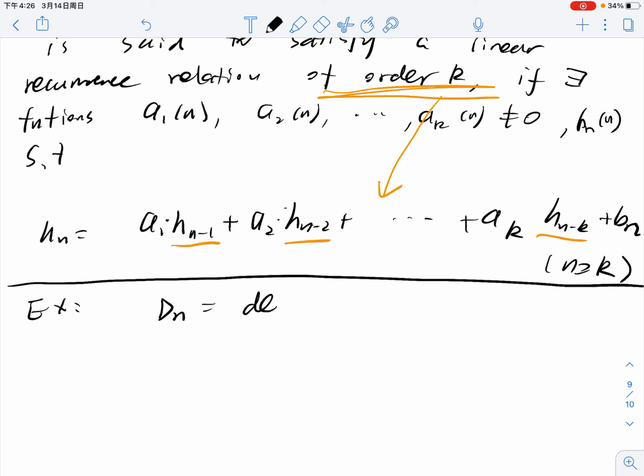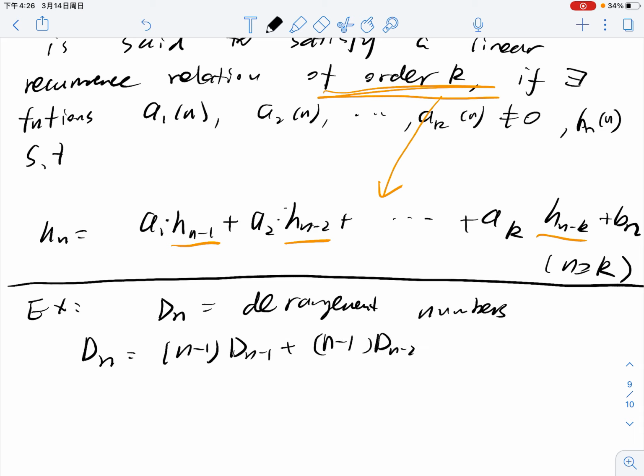First one is Dn, the derangement numbers, and recall that we do have formulas for this one. This is order 2. But we have another one.